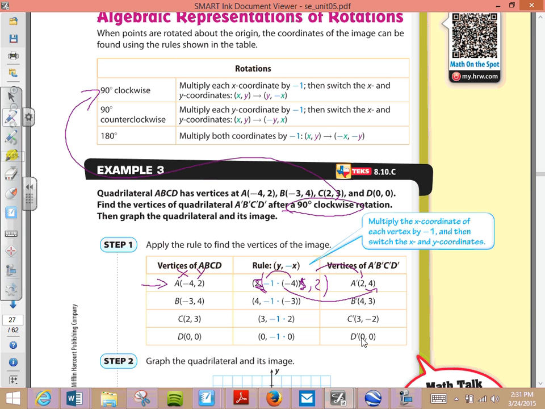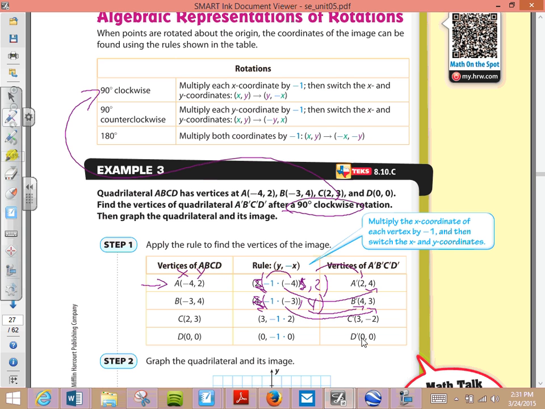So let's do one more. I don't know why they did it this way. It's so stupid. So again, you multiply the x by negative 1. So negative 1 times negative 3, what does it give me? Positive 3, right? And then you flip the numbers. So positive 3 now becomes the y, and 4 becomes the x.